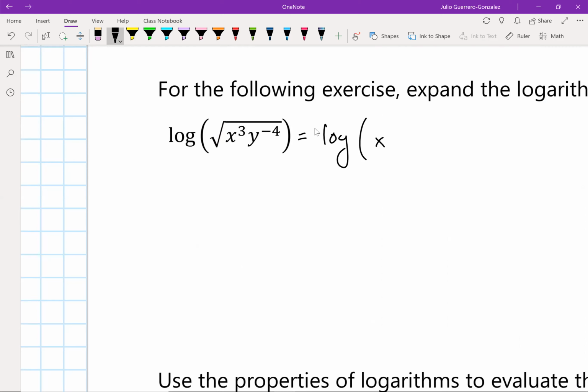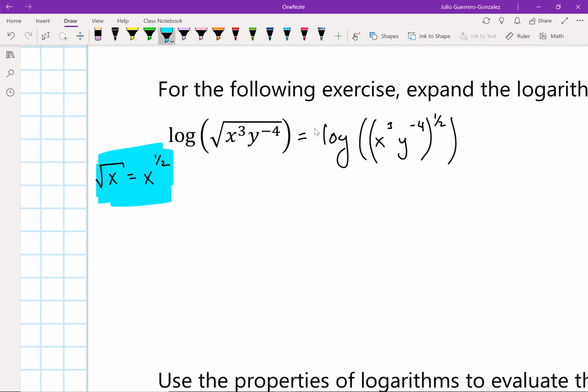So this is going to remain the same for now, but there was an exponent. So now this is going to become 1/2. Does that make sense? So the rule there is the square root of x is equivalent to x to the 1/2. This is the magic trick I use there.